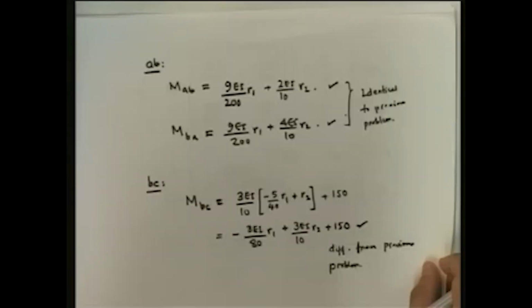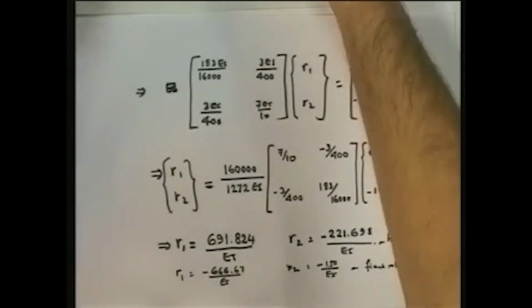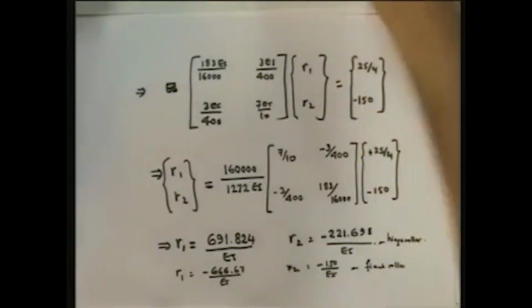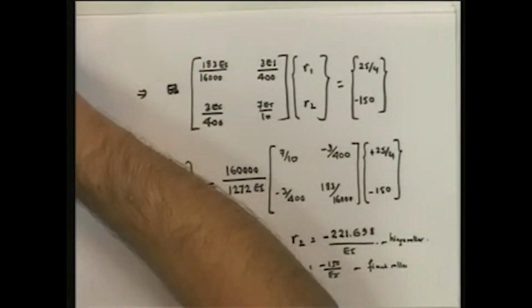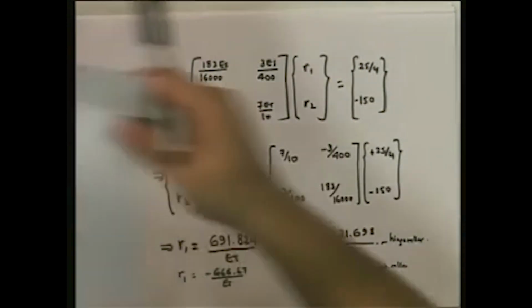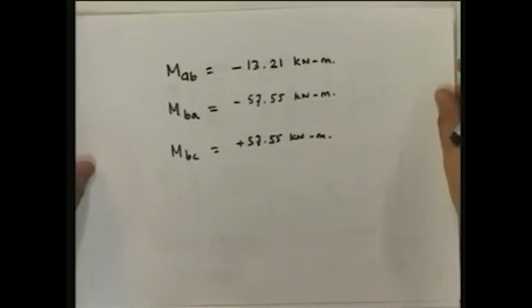Now I can put these displacements into the equations for the moments. These are the equations where MAB, MBA and MBC are in terms of R1 and R2, and since I know R1 and R2, I can substitute into that equation, and when I substitute, what I get is this.